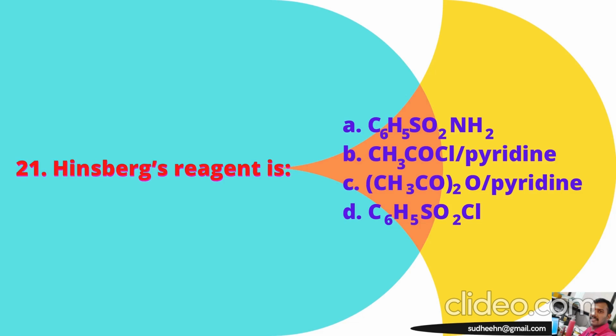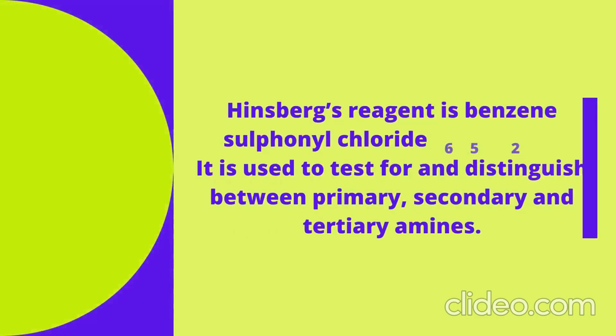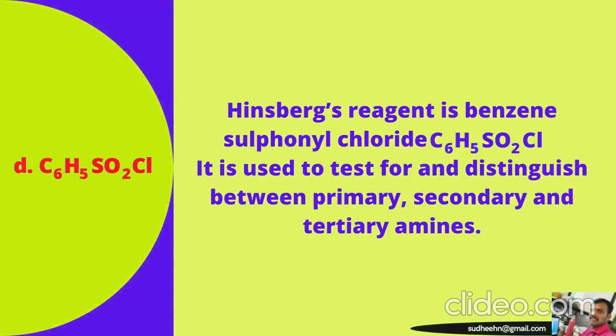And option D, C6H5SO2Cl, benzene sulfonyl chloride. And the right option is option D, that is benzene sulfonyl chloride, C6H5SO2Cl. Hinsberg reagent, benzene sulfonyl chloride, is used to test for and distinguish between primary, secondary and tertiary amines. For this purpose, we are using this reagent.